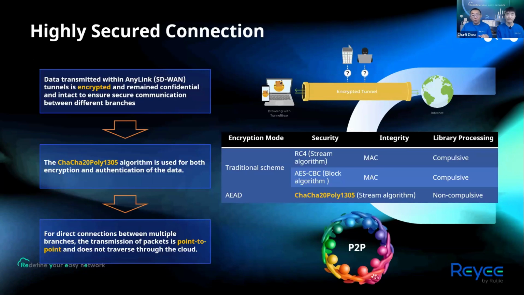So similar to VPN, but we can provide a better or more secure solution as the enhanced ChaCha20-Poly1305 algorithm is used for encryption here and for authentication of the data. Also, for direct connections between multiple branches, the transmission of packets is point to point, and it does not traverse through the cloud, which further safeguards and reinforces all data.